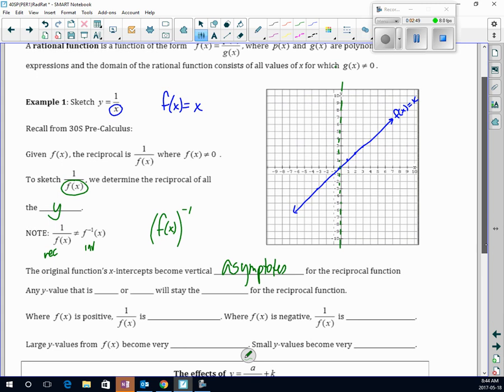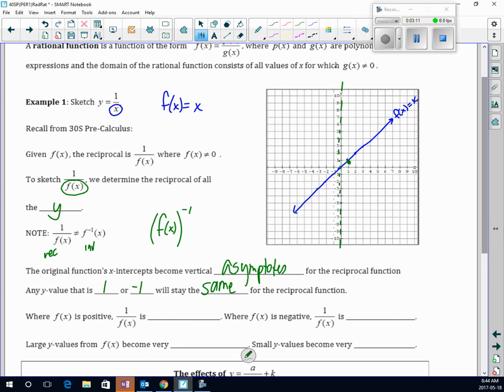Okay? So what would be an invariant point here? Yes, so any value that's a height of 1 or a height of negative 1 will stay the same. So that's the next step I always say in our graphing.